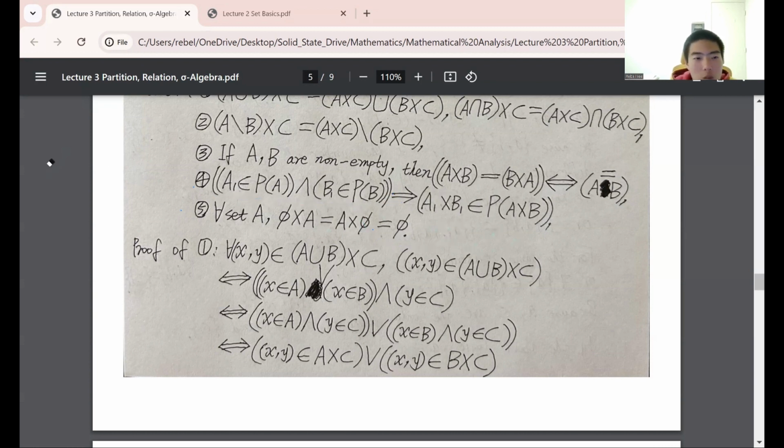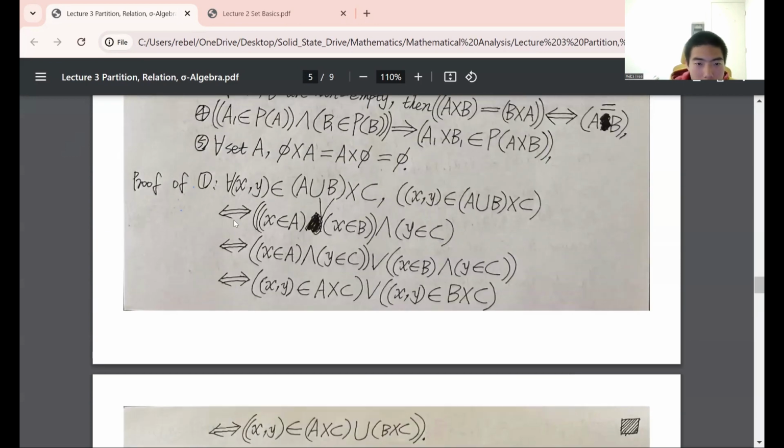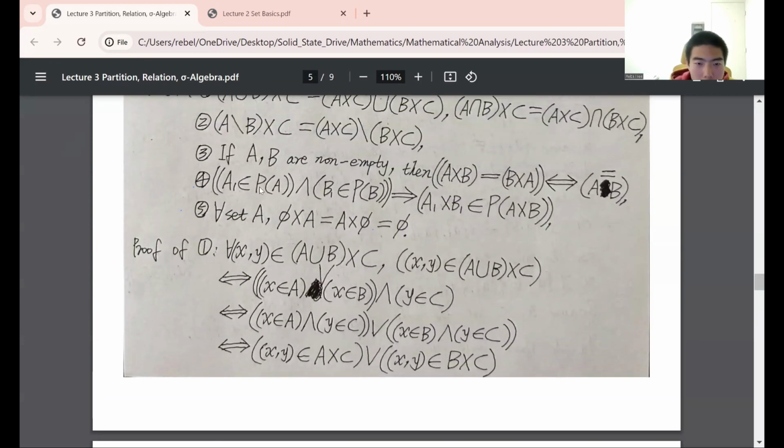That's our strategy: use the direct proof. Let's see what information we can get here. A1 belongs to PA, okay. B1 belongs to PB. That's all we know.